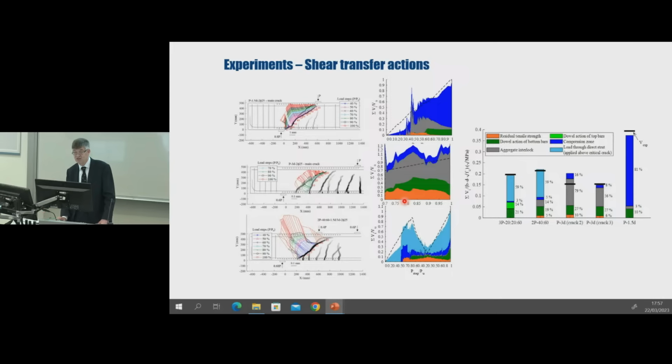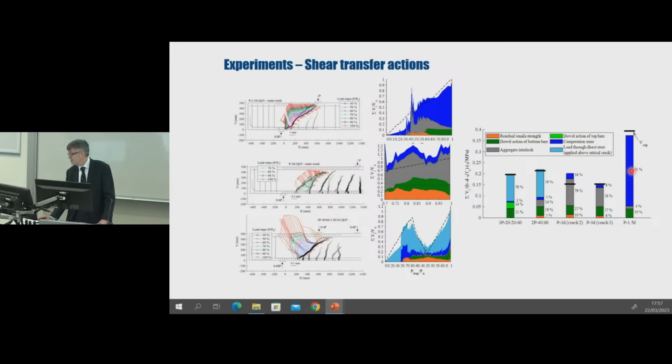relative contributions of each action vary both with loading as we increase the load to failure, but also vary with loading arrangement. Over on the far right, I'm showing the relative contributions of each mechanism at peak load.